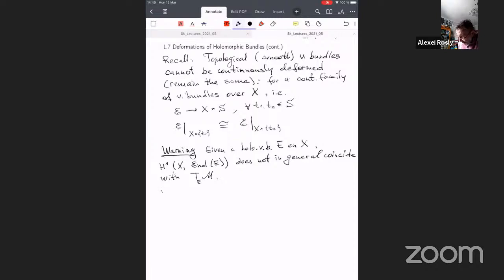So H1 with coefficients in endomorphisms, this is how we obtained them, is only a space of solutions of the linearized problem. And what is the nonlinear problem?